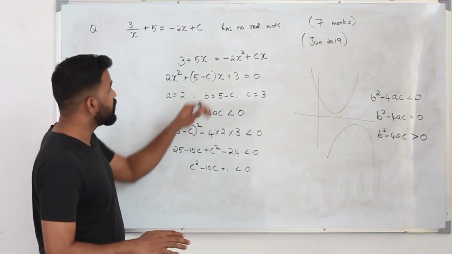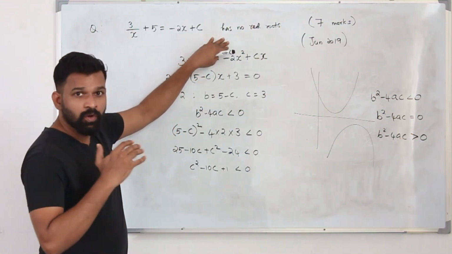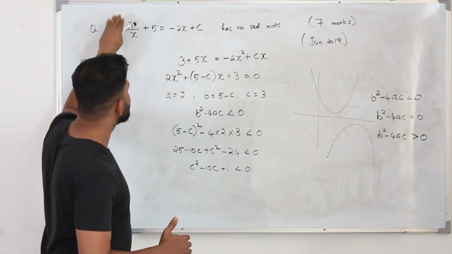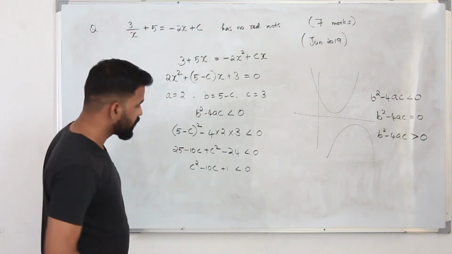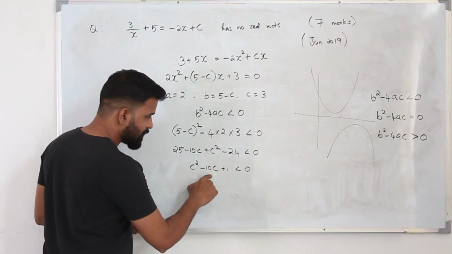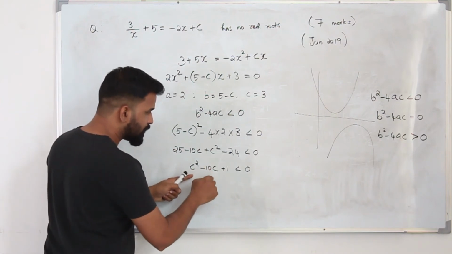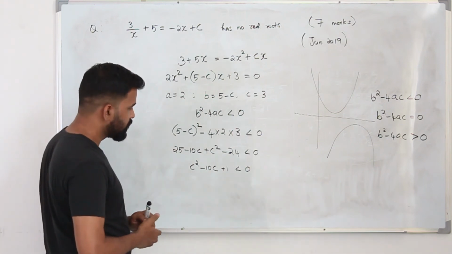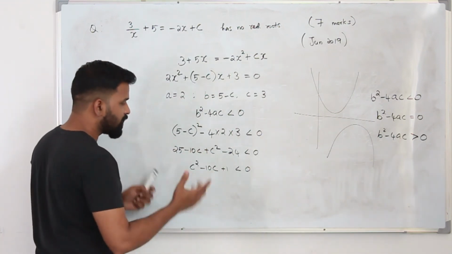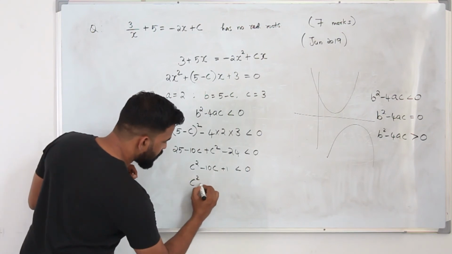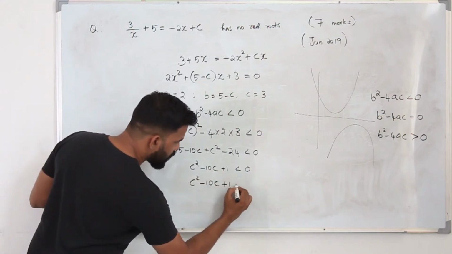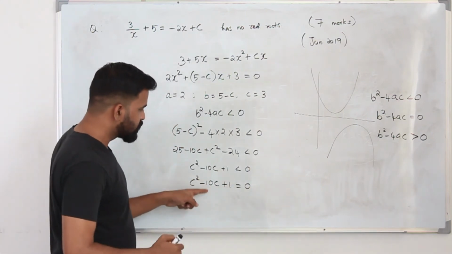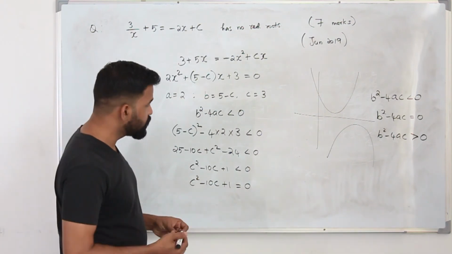Now you haven't learned that, but this question is not solely from chapter 2. Because after this, if you want to solve this quadratic inequality, you need to know how to solve a quadratic inequality. But don't worry about it. Take it as a normal quadratic equation. C square minus 10c plus 1 equals 0. Solve this by using any method. I'm going to use the formula method.